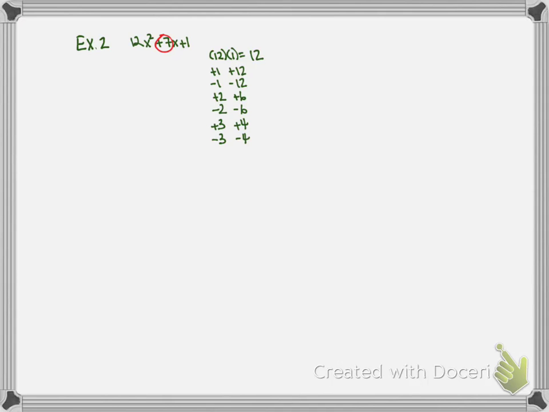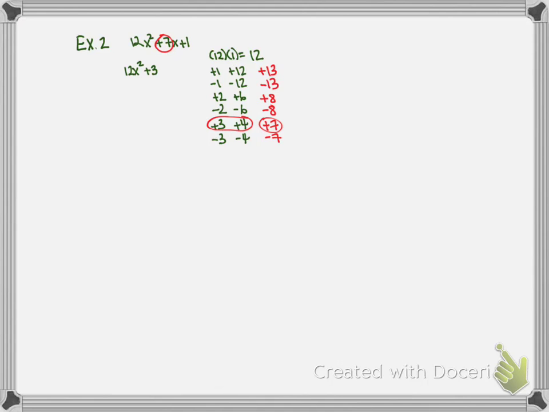So let's look at what these sum to. We get positive 13, negative 13, positive 8, negative 8, positive 7, negative 7. So here's our positive 7 pair, which is positive 3 and positive 4. We're going to rewrite the trinomial, keeping the first term and last term the same.